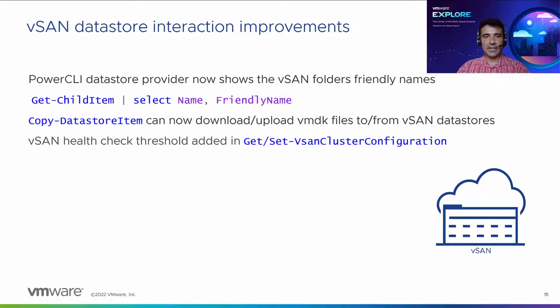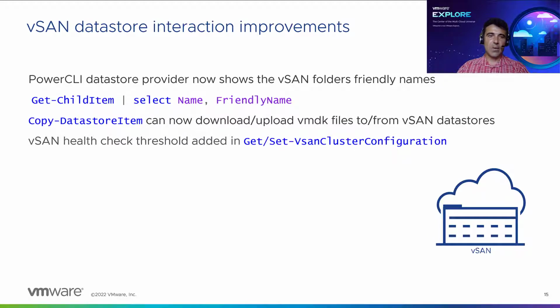Also, we have made some improvements in the vSAN data store interaction. As some of you may know, if you have vSAN data stores in your environment, when you were checking the folders on the vSAN data store through PowerCLI, you don't actually see the friendly names of the folders, but you see some GUIDs of those folders, and it was quite difficult to figure out which folder was the right one that you were searching for.